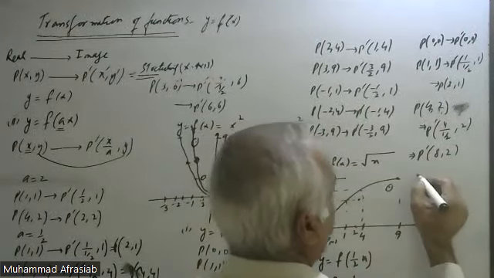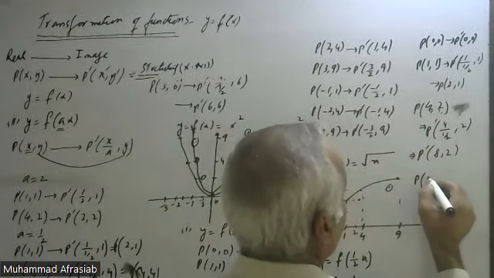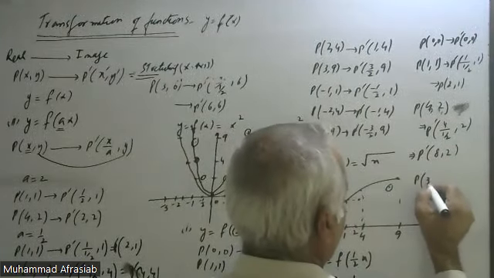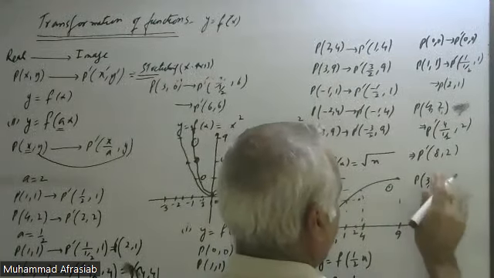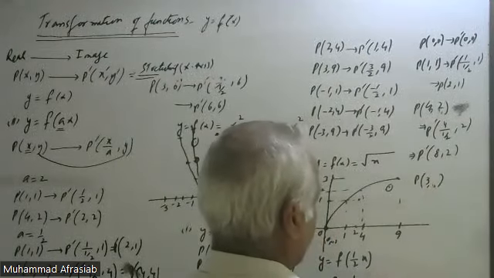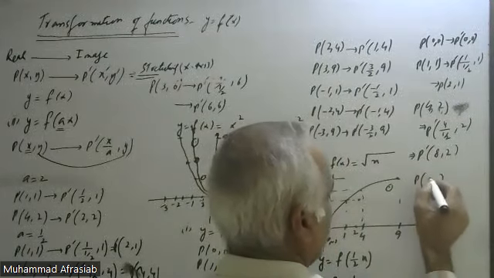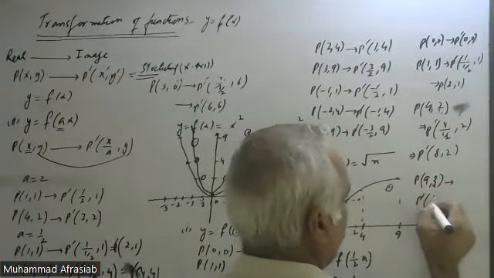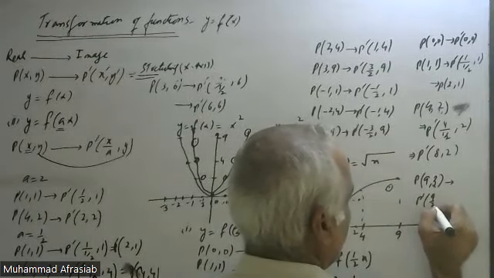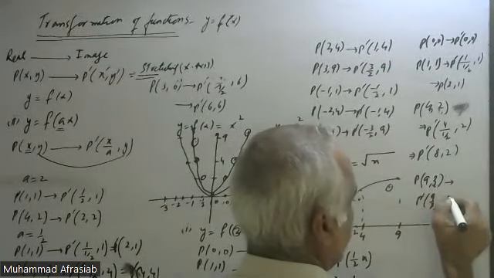If P is 9 and 3 for the original graph, then P dash will be 9 over 1 over 2 and 3.